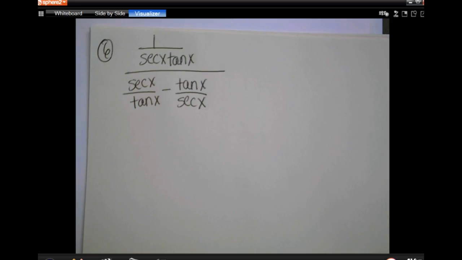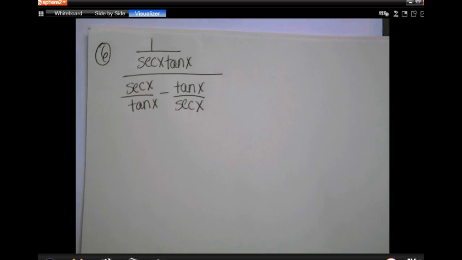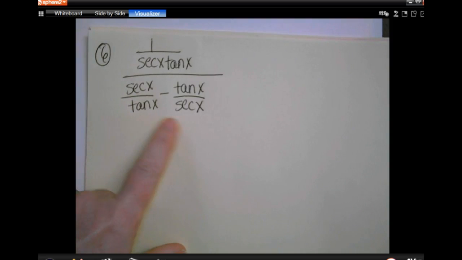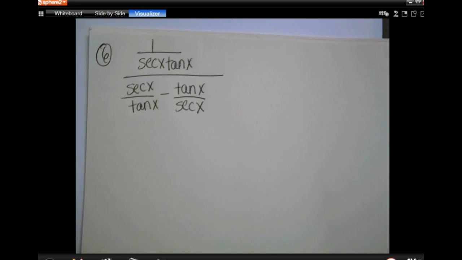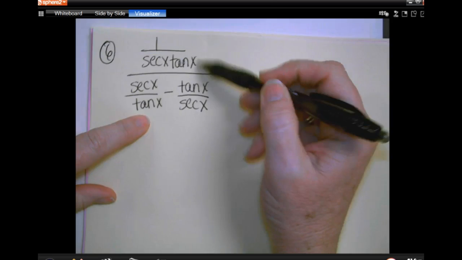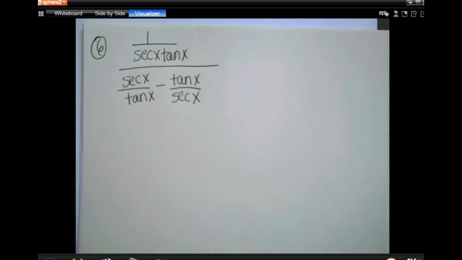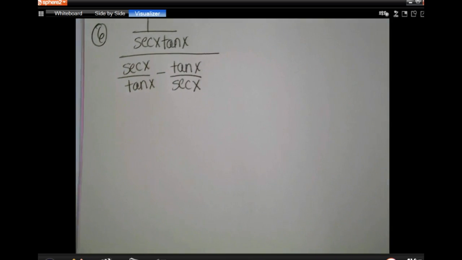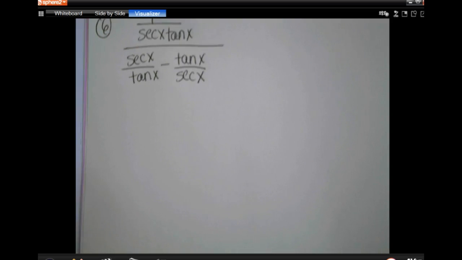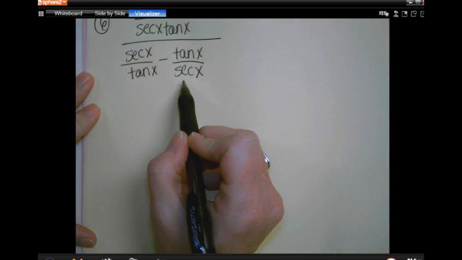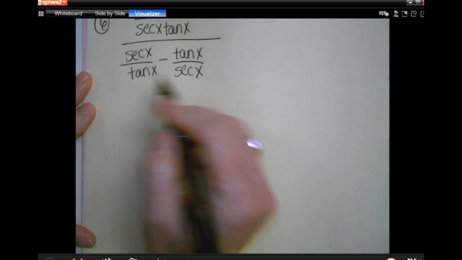Okay? All right, Bruno, pay attention because I'm going to put this over a common denominator on the bottom. Most of the time, if it's secant and tangent, sometimes if you switch it all to cosine and sine, that helps. But I just know by looking at this that if I put these over a common denominator, they'll cancel. So I'm just going to write the bottom so you can see me do this, because you're probably going to have to do this on another one. I want my common denominator to be secant and tangent.